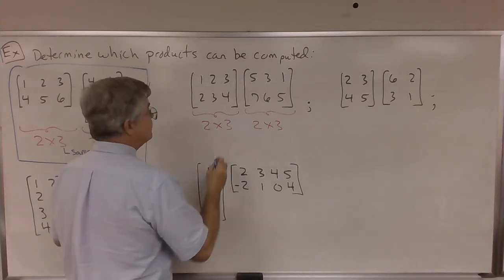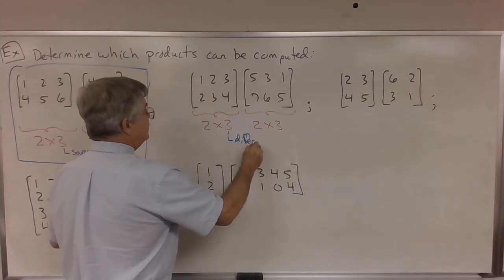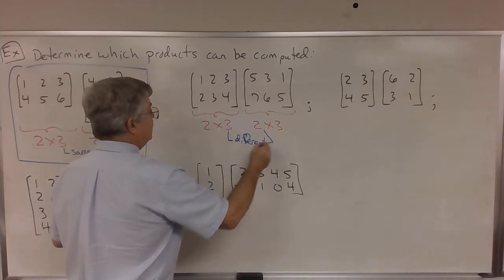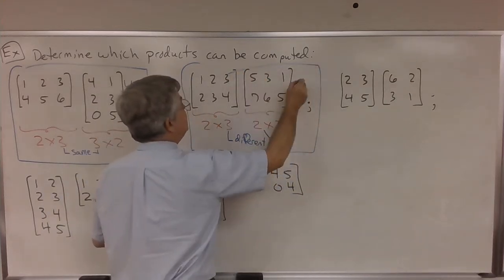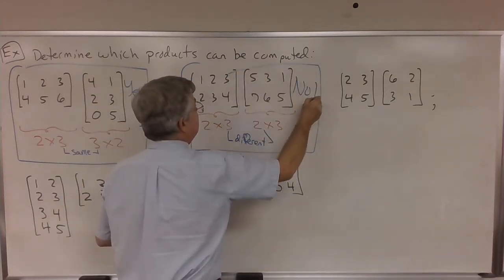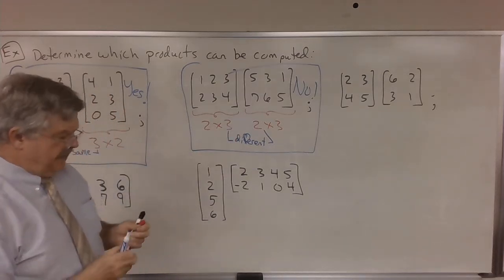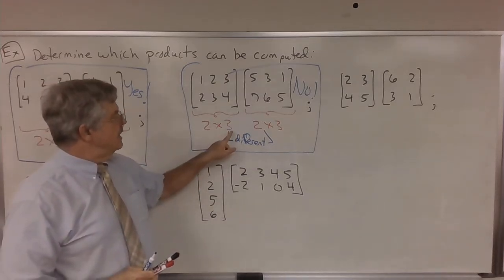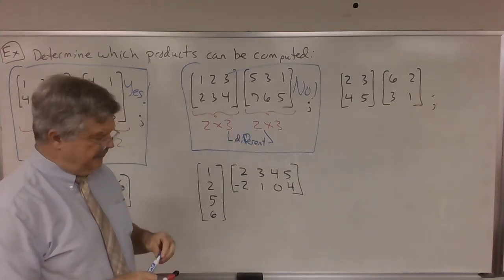Uh-oh. These two things are different, so the product can't be computed. This product is not defined because the number of columns of the first is not the same as the number of rows of the second.